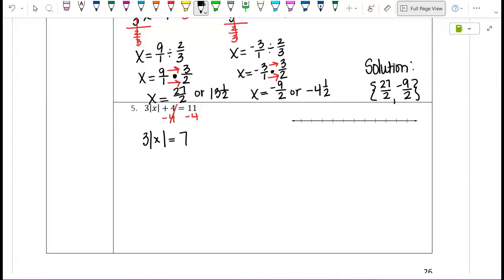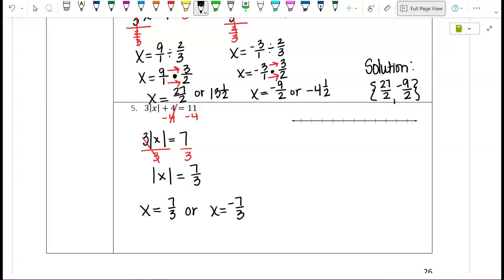And then that 3 is still outside of that, so I need to divide both sides by 3. So the absolute value of x equals 7/3, which means that x could equal positive 7/3 or x could equal negative 7/3.